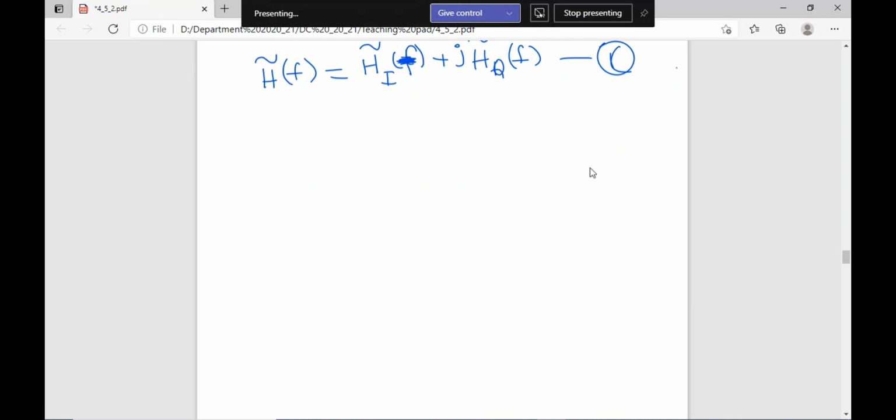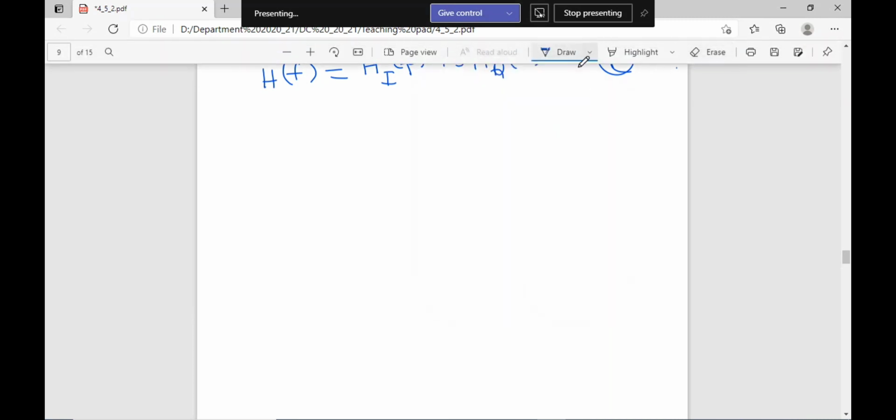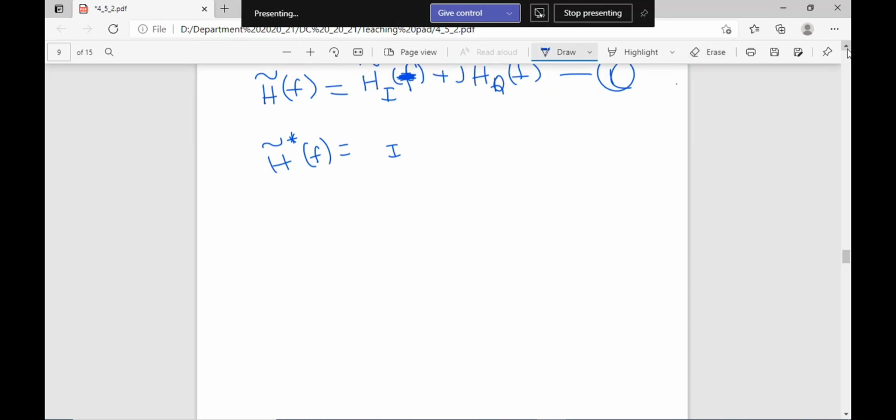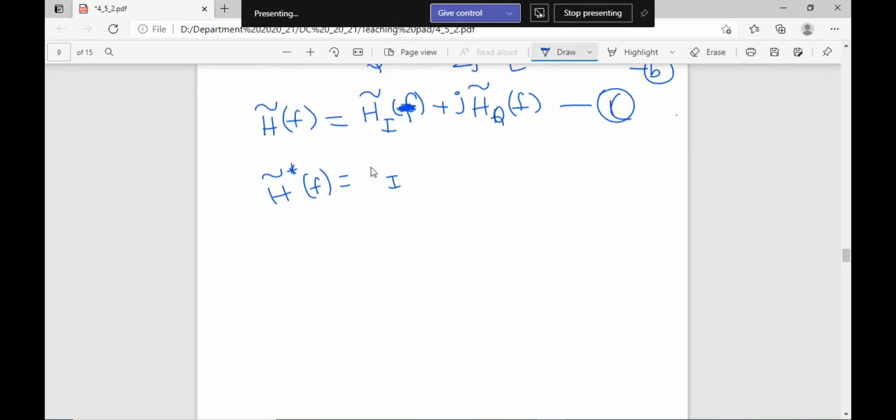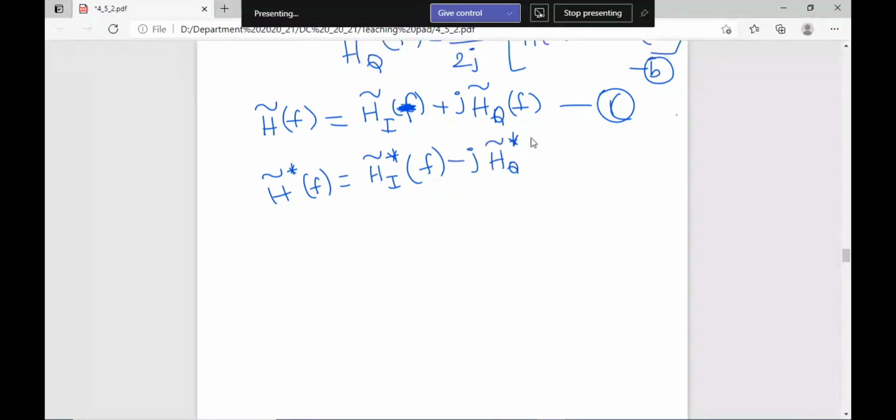Here somewhere I did some mistake. Let me rewrite it. And write this equation as, I need to take complex conjugate, so I will have hi star of f minus j hq tilde star of f.